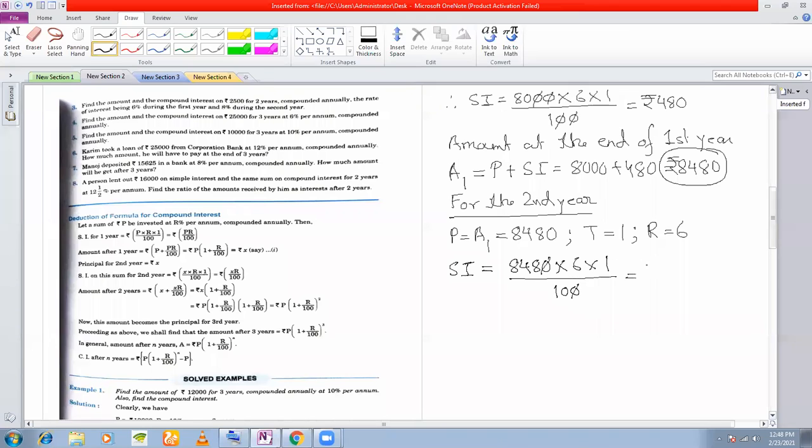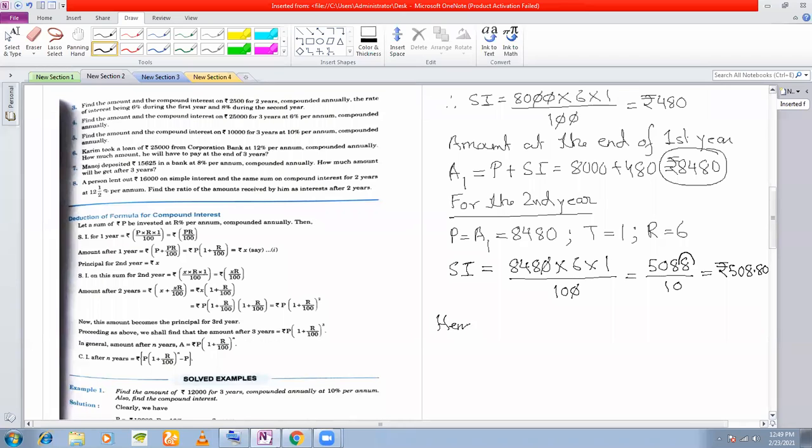So 848 into 6 will give you 5088 divided by 10. Why did I keep 10 in the denominator? So that if I multiply the numerator, I will only have to shift one decimal place to this side. So I get rupees 508.80 as my simple interest.